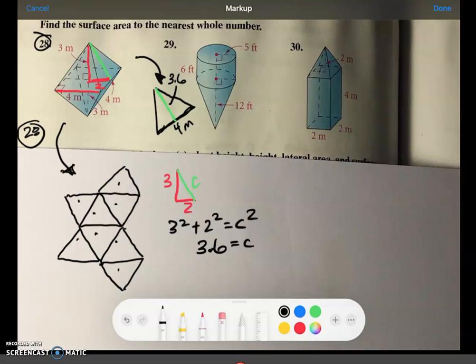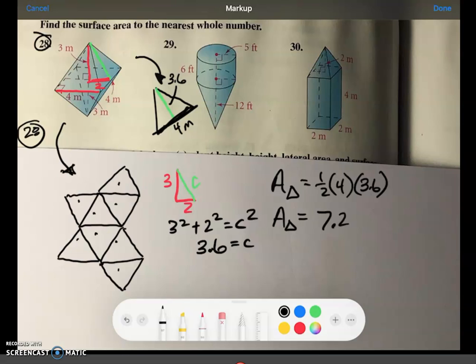And so the area of one triangle is 1/2 base times height. The base is 4, and the slant height is, as we just figured out, 3.6. The area of one triangle is about 7.2111. I'll go with 7.2.